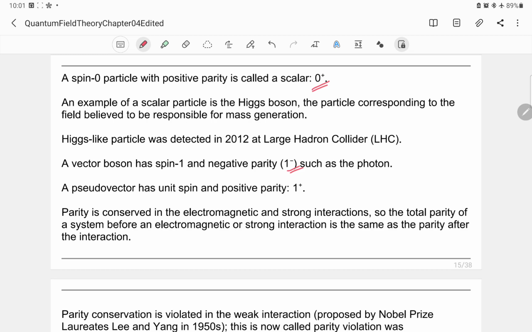And you also have a pseudo vector that has a unit spin 1, and its labeling would have to be 1 plus, because it has a positive parity. So again, parity is conserved in electromagnetic and strong interaction. Initially, before the electromagnetic and strong interaction, the parity is supposed to be the same as the final parity of the system.